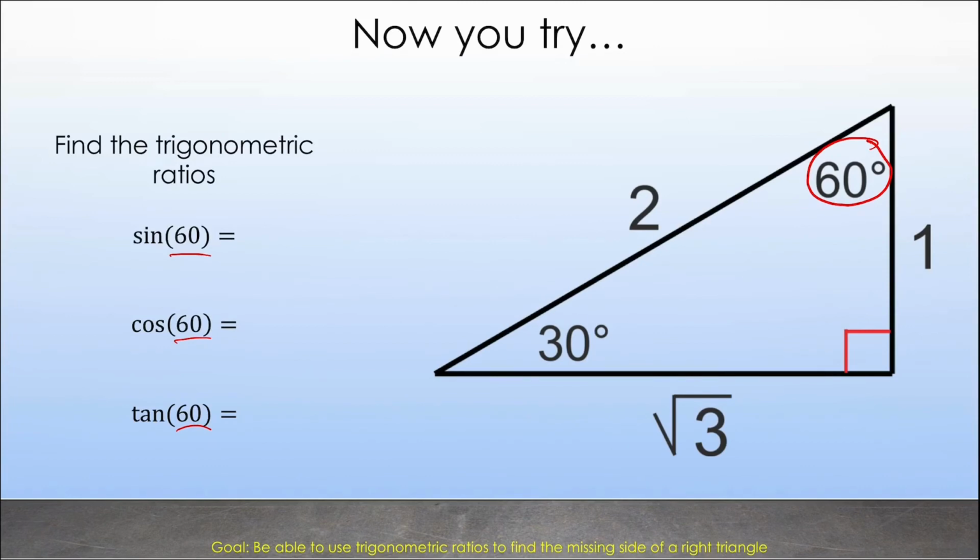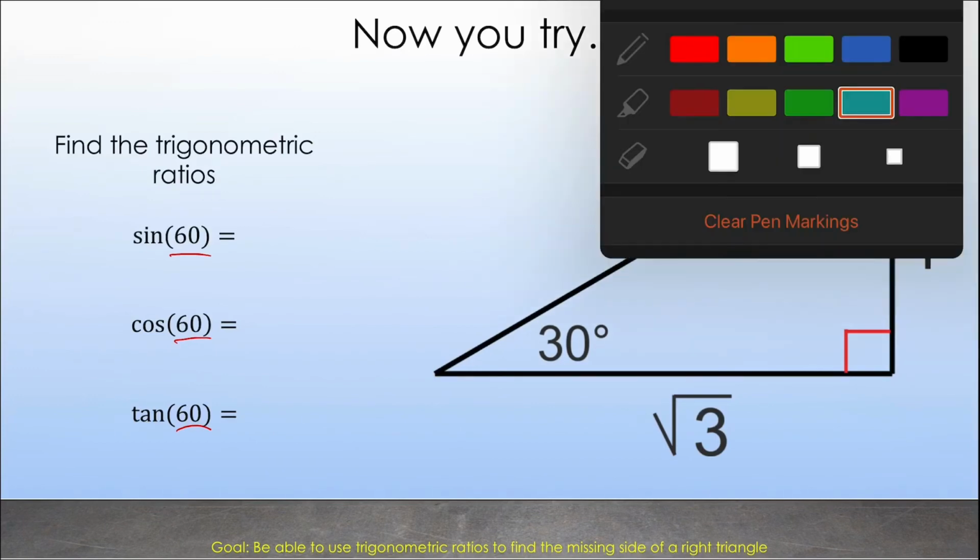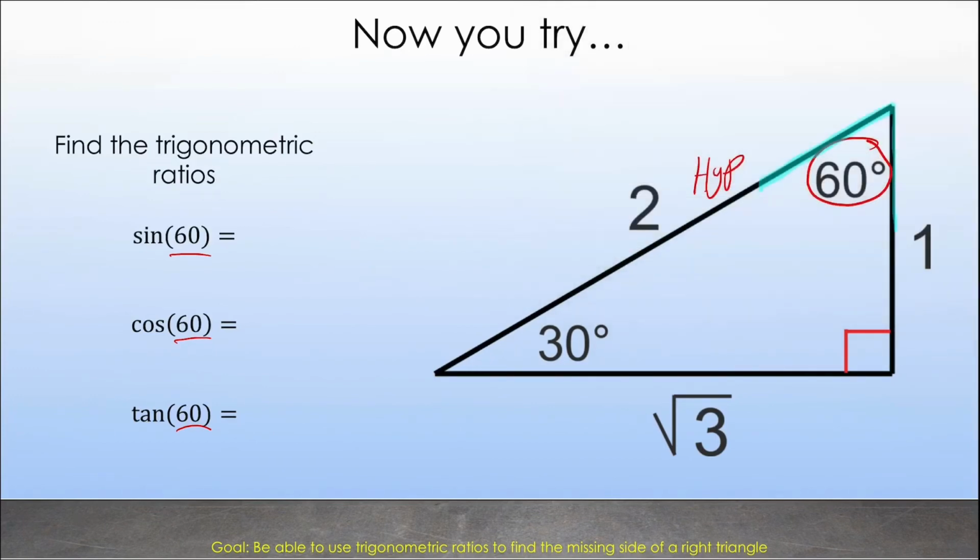I'm going to identify my different sides. In this case, my hypotenuse always stays the same. But now that this is 60 degrees, my opposite and adjacent are going to change. I know that this has to be my side adjacent because it helps make my angle with the hypotenuse. And this is now my side opposite of 60.